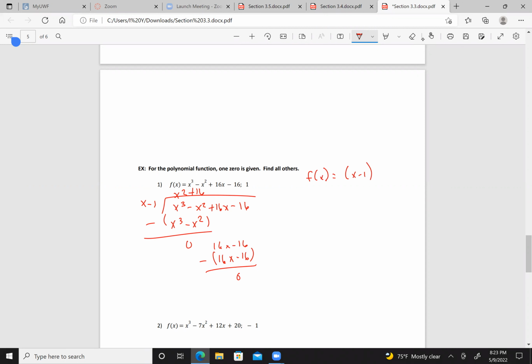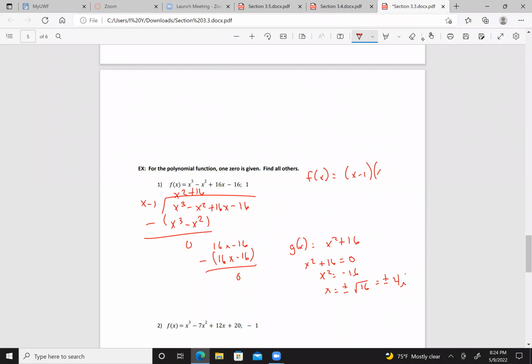Now I have, and we'll call it g of x, x squared plus 16. Well, we could play with this. Say x squared plus 16 equals 0, or x squared equals negative 16, so x equals plus or minus the square root of negative 16, which is plus or minus 4i.